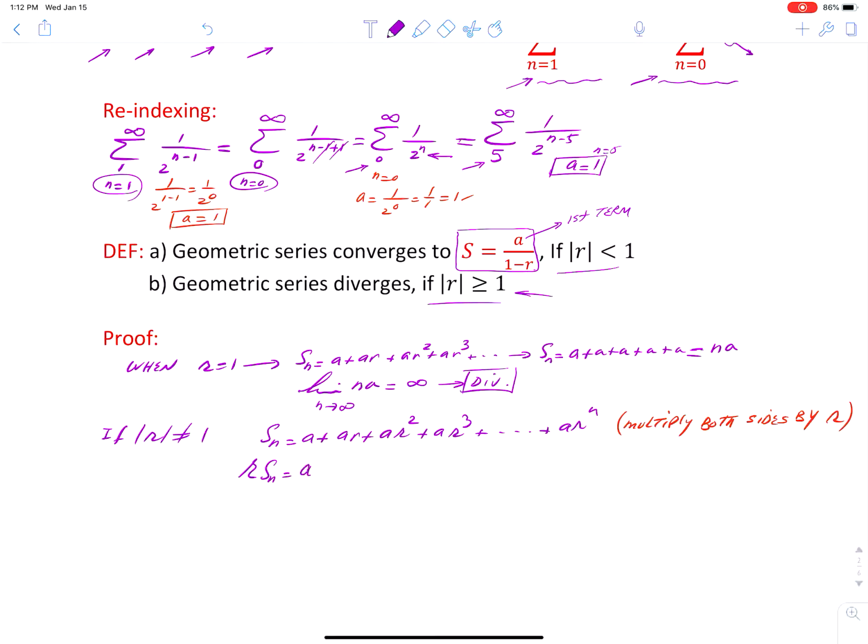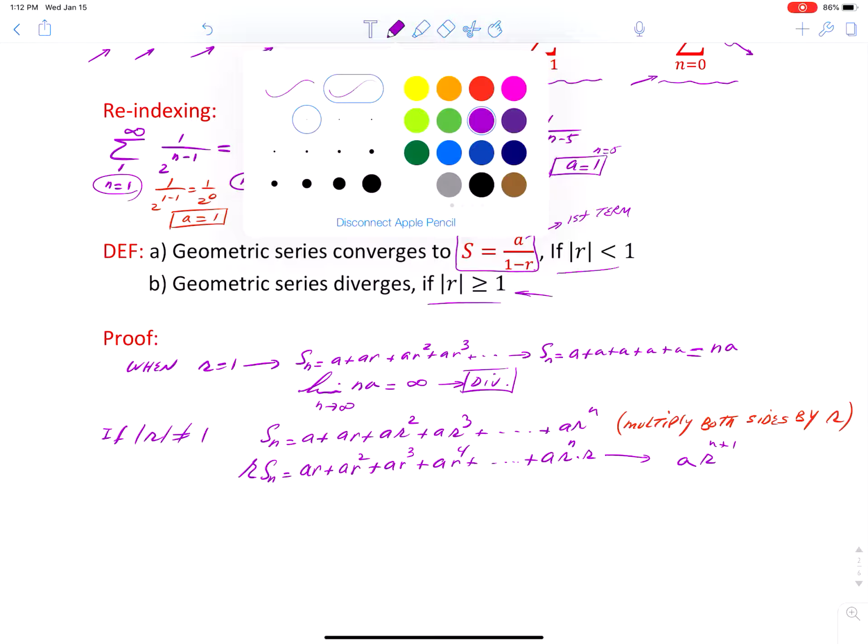I get a times r, I get ar times r, I get ar squared, and so on. Ar cubed, ar to the power 4, plus all the way a times r to the n times r. This, by the way, is a times r to the n plus 1, if you combine it like that.